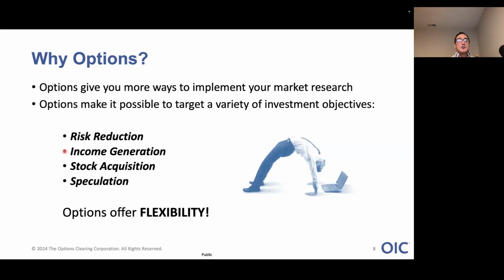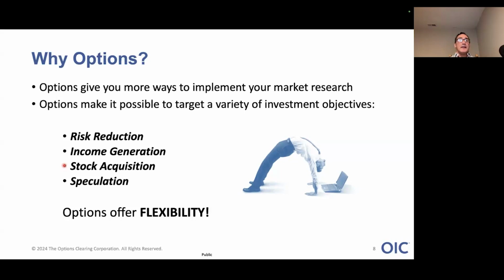You can use options to generate income. Okay, a lot of people will sell calls against their long stock holdings to create almost like a synthetic dividend stream to create an income generation scenario. Okay, so we'll look at the covered call example a little later. You can also use options to acquire stock at prices below where they are currently trading today, another income generation strategy.